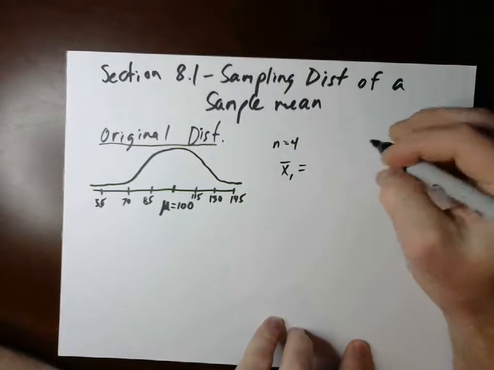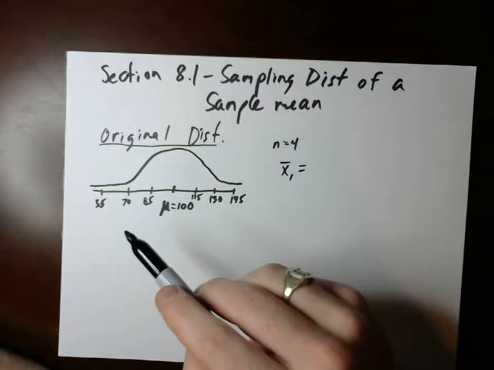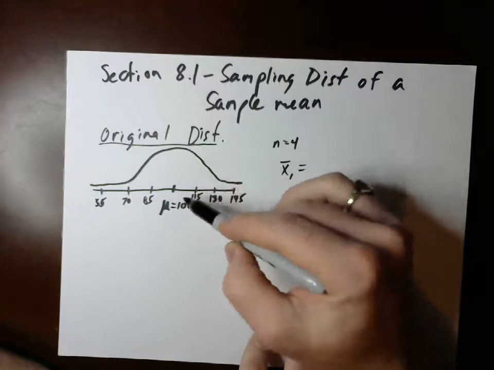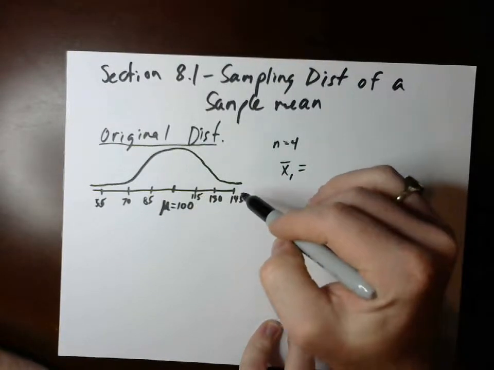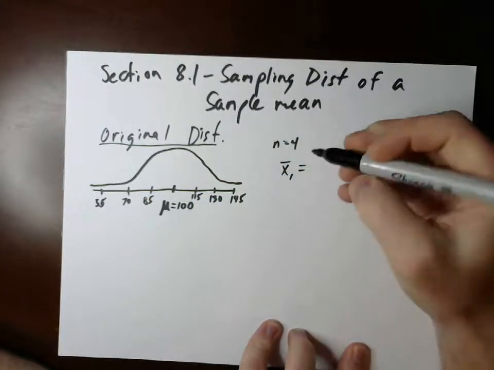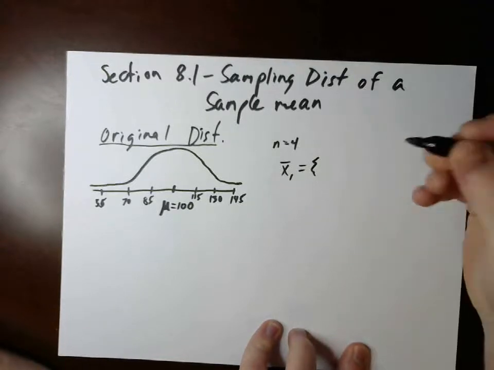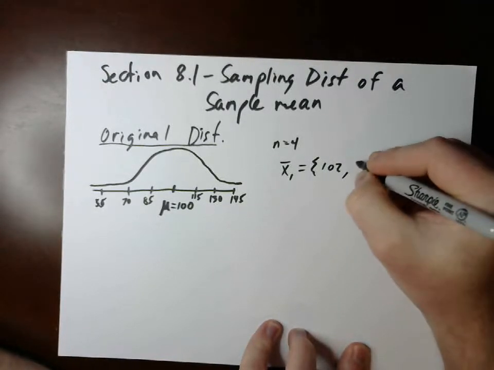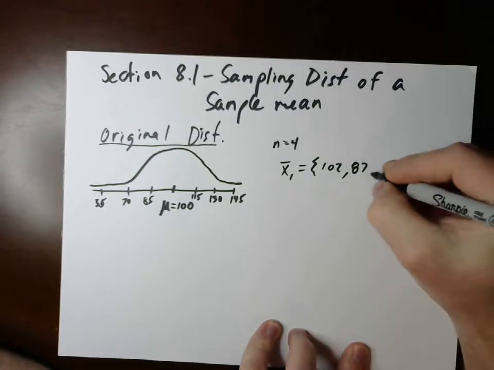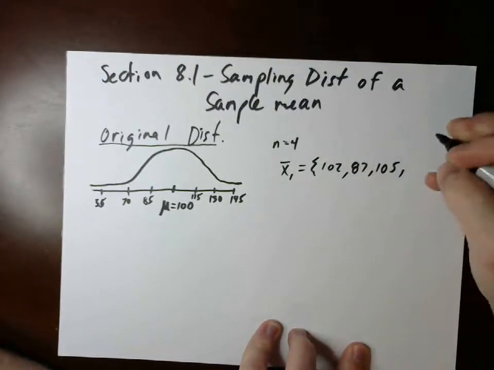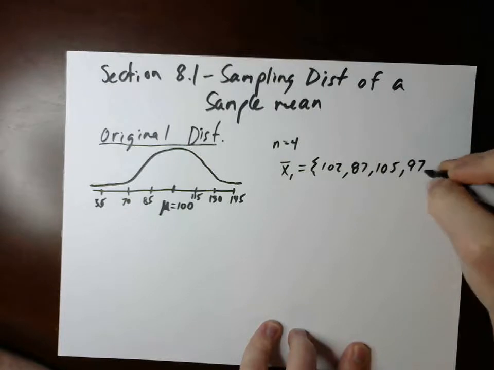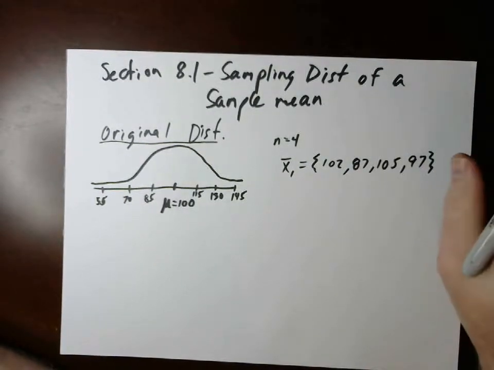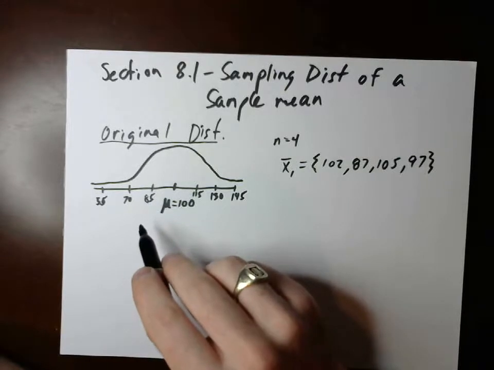Since a normal distribution has a heavier mass towards the middle and lighter towards the tails, we would expect most of the values near the middle. So I'm making this up: let's say we have 102, 87, 105, and 97. So we just gathered a sample of 4 from the original distribution.